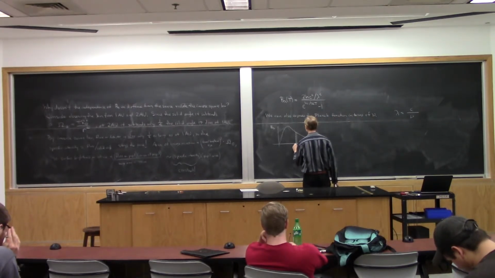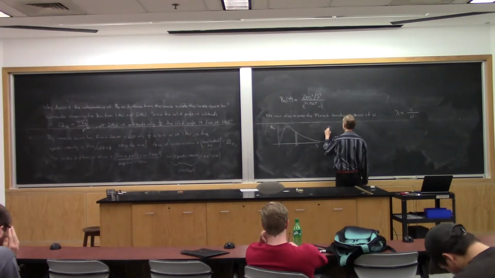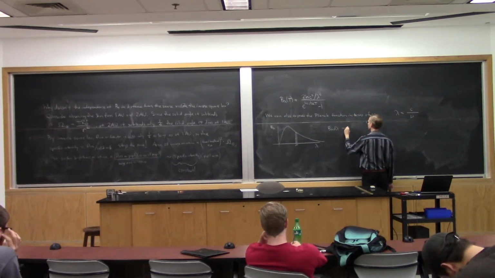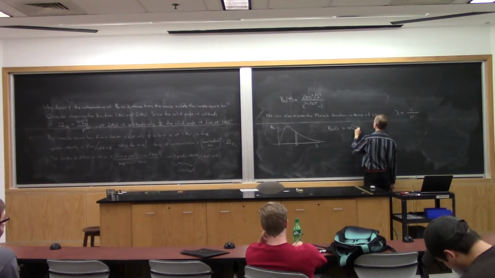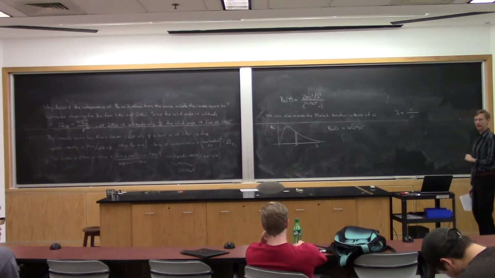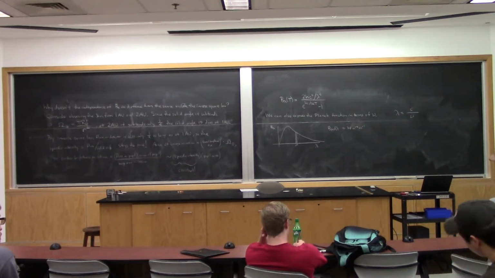So if that's a little d lambda right there, B lambda d lambda equals watts per square meter per steradian that is coming out of a little patch of surface.